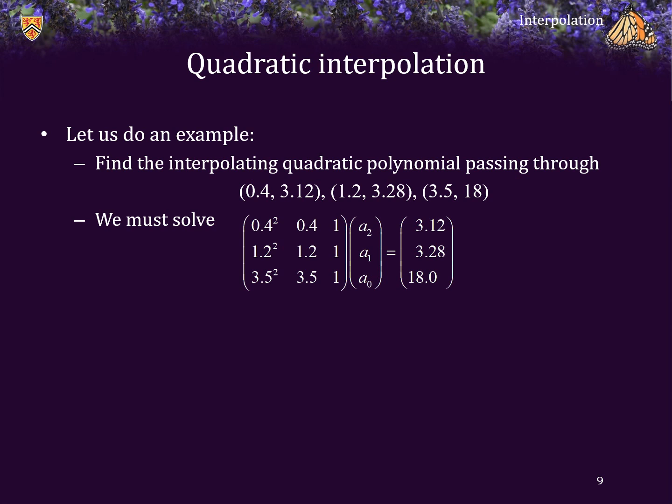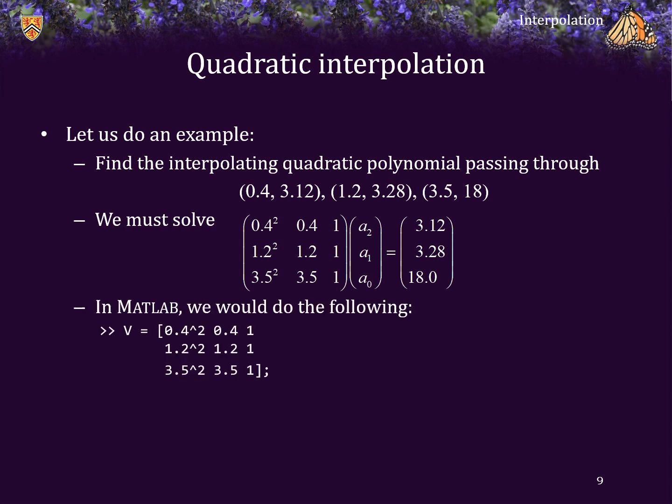And again, the third column is all ones because the third unknown, a naught, is the constant coefficient. So the x values make up the matrix, the y values make up the target vector. Now in MATLAB we would do the following.